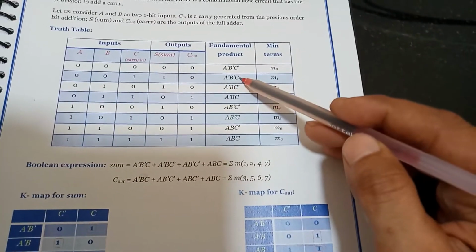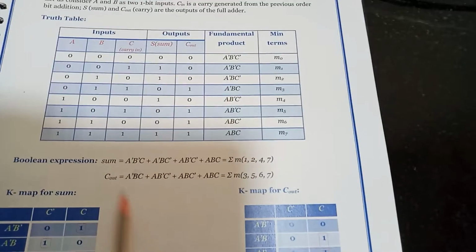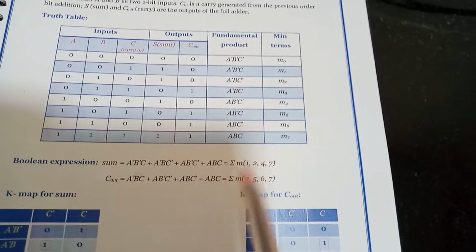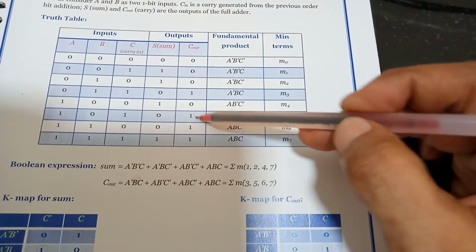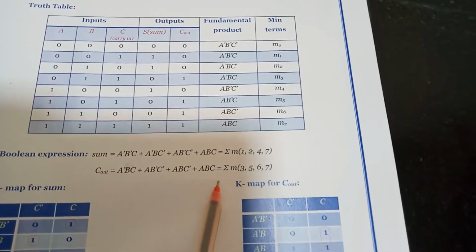So we have 1, 2, 3 and 4 terms. You can see all those 4 terms are being added here. In a similar way, carry will also have 1, 2, 3 and 4 terms added.